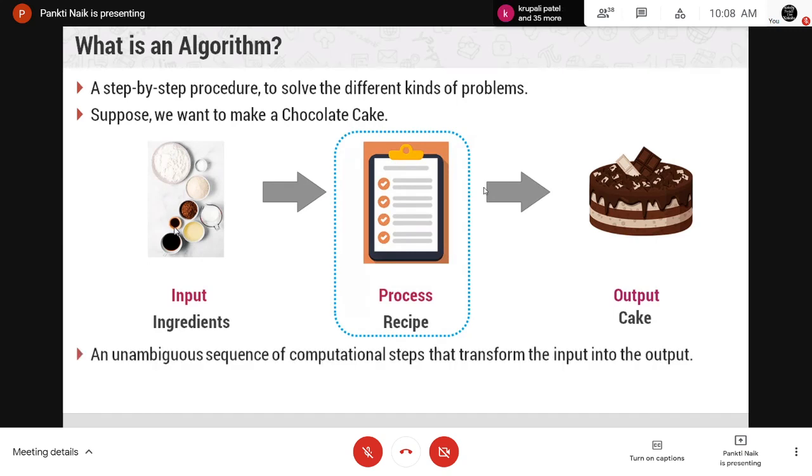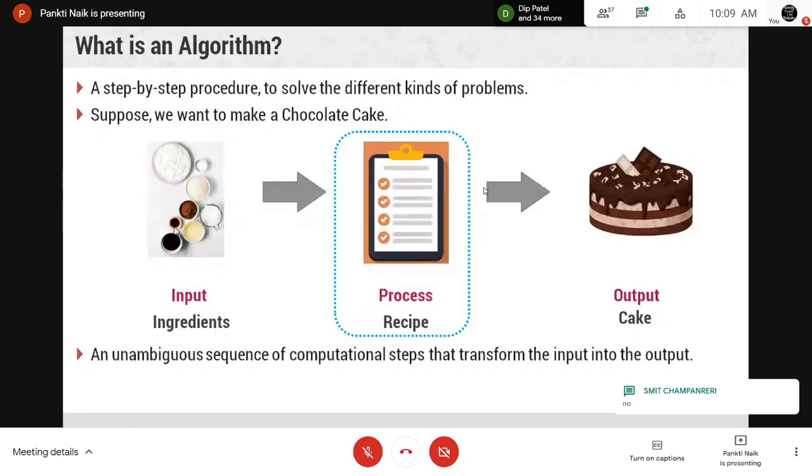An unambiguous sequence of computational steps that transforms the input into the output. Now, what is unambiguous? Does anybody know what unambiguous means?